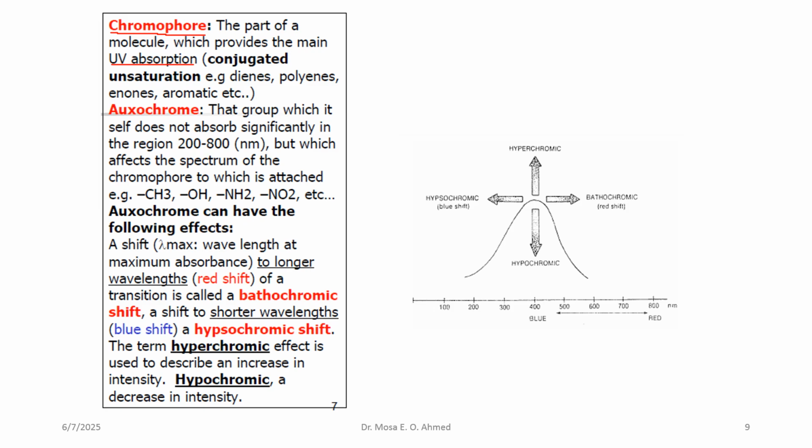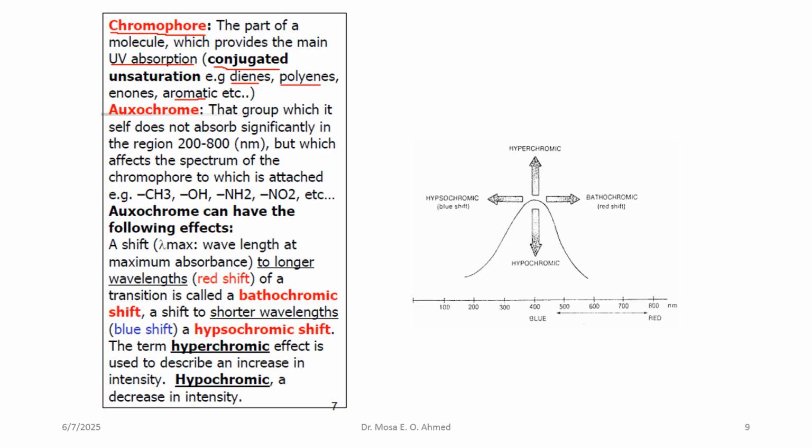Usually, the chromophore may be conjugated unsaturation, such as pi bonds in dienes and polyenes, and in enones and aromatic groups.